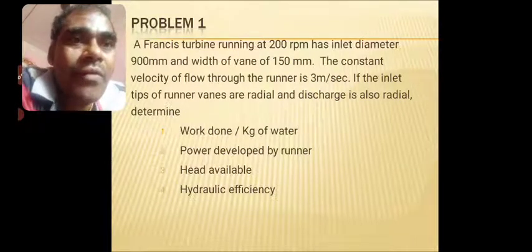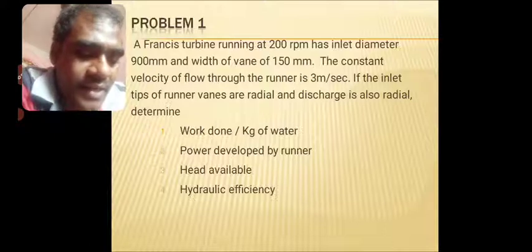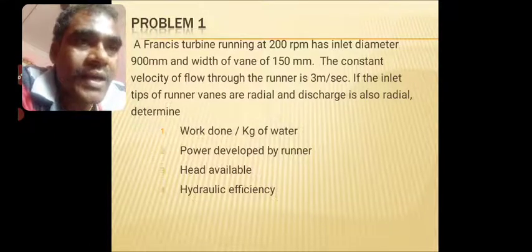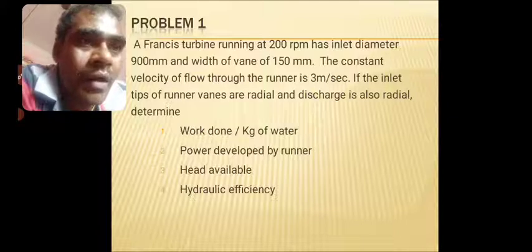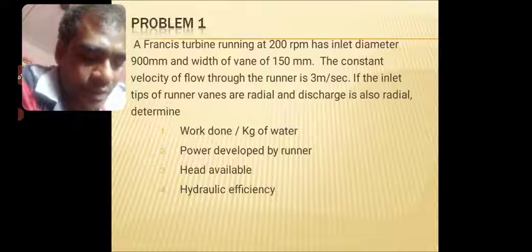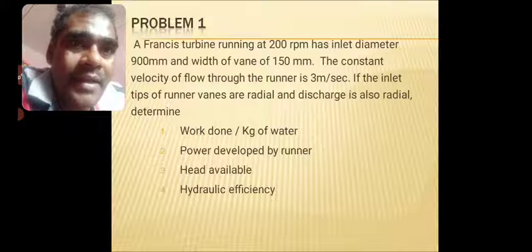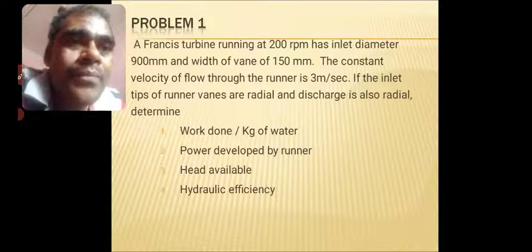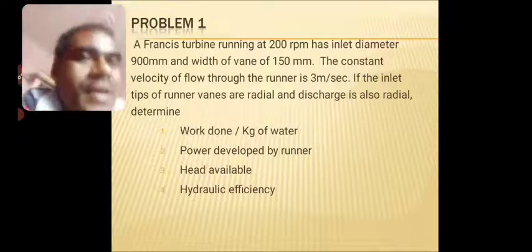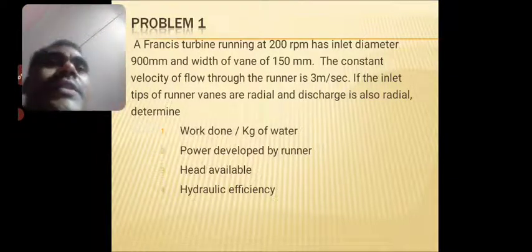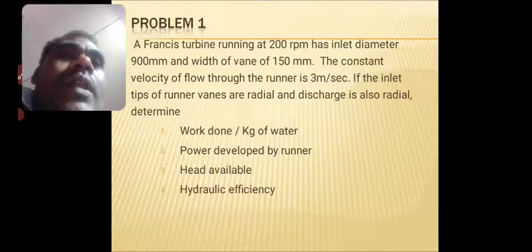If the inlet tips of runner vanes are radial, then theta is equal to 90 degrees. And discharge is also radial, so beta is also 90 degrees. We are asked to find out work done per kg of water, power developed by runner, head available, and hydraulic efficiency. So now let us solve. First we have to write the given data.